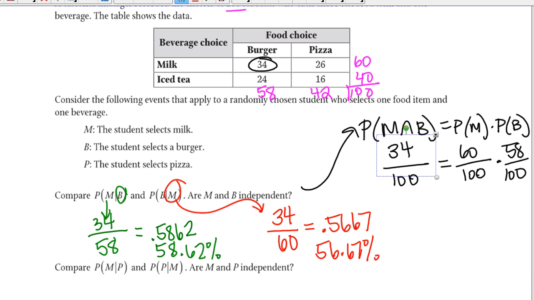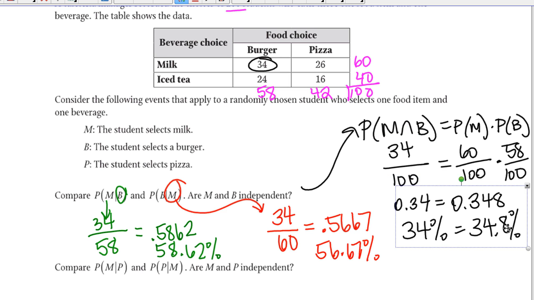So if you go through and we get obviously 0.34. I can't believe I just put that in my calculator. That's cool though. 60 divided by 100, we know what that is, but then we're going to multiply that by 58 divided by 100, and we get 0.348. All right, so we're looking at 34% even equals 34.8% even. That is close. That is within a percent.